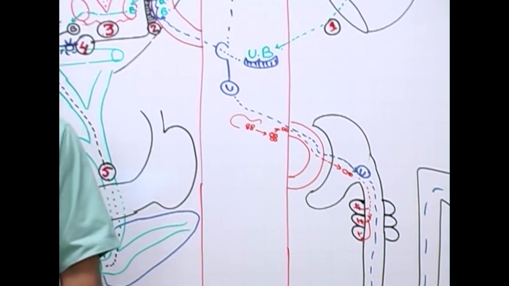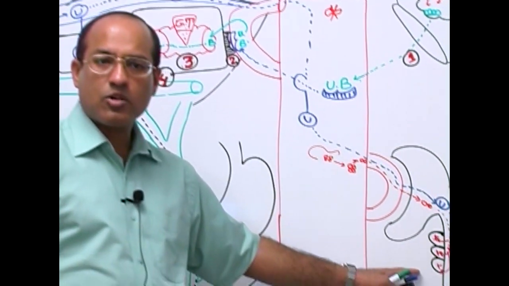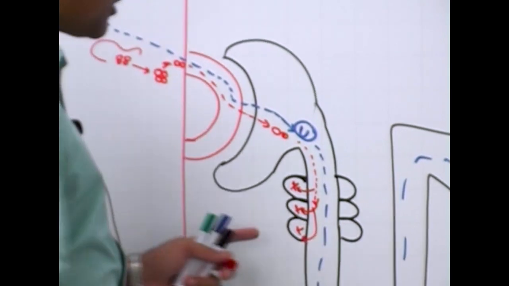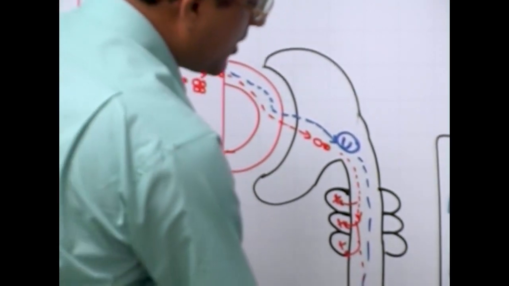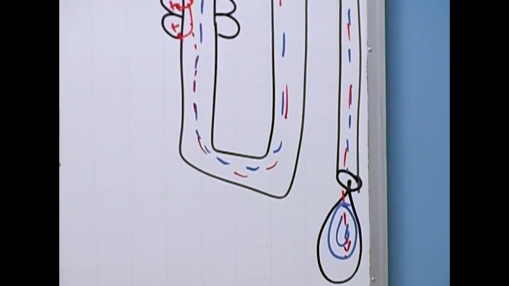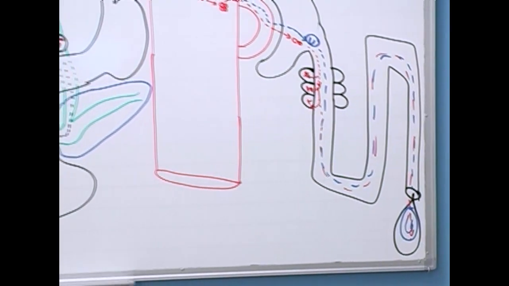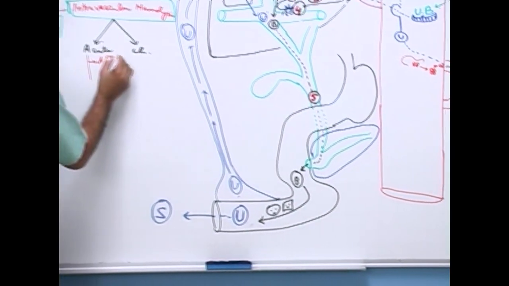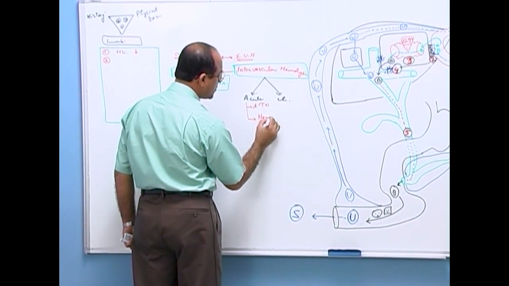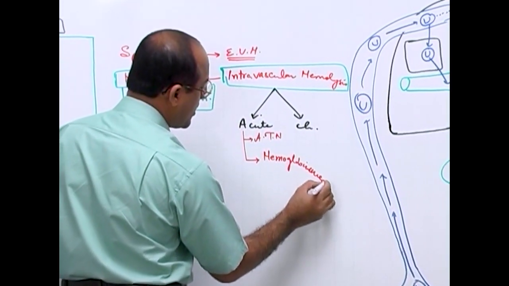Number two, if a lot of hemoglobin is coming down, there will be hemoglobinuria. So acute hemolysis may clinically lead to acute tubular necrosis, and on investigation you may find hemoglobinuria.